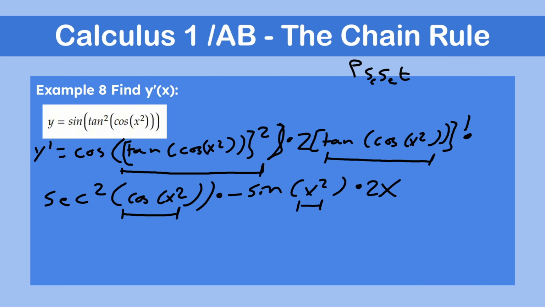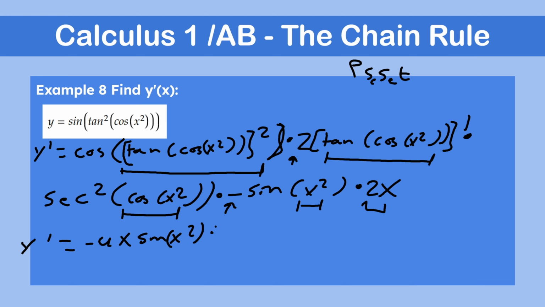So let's go and simplify this. There's a negative and a 2 and a 2x right here. So we're going to start off with y prime is equal to negative 4x sine x squared.